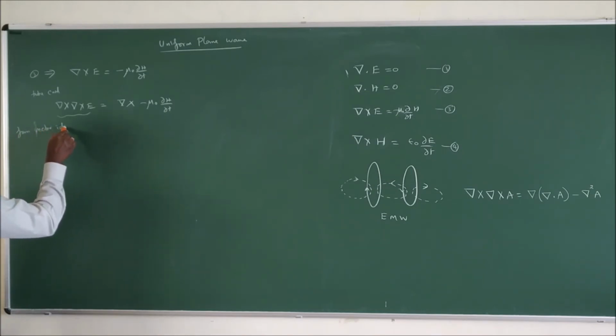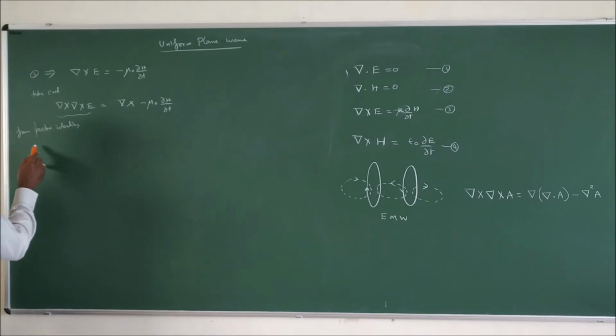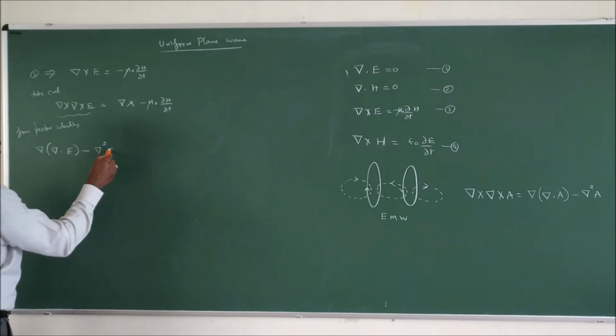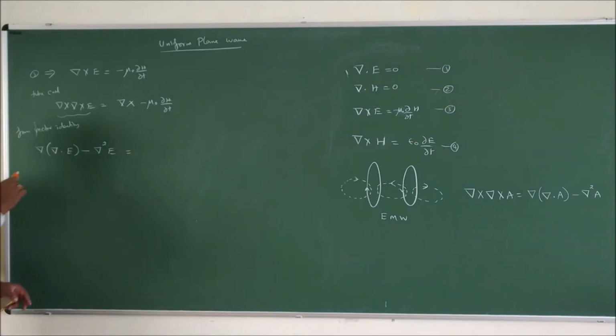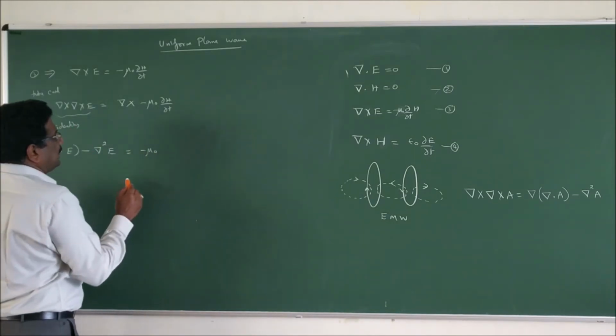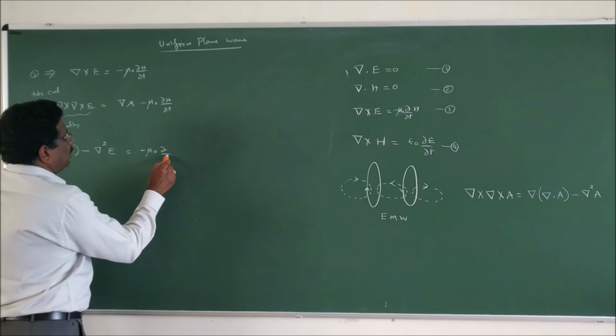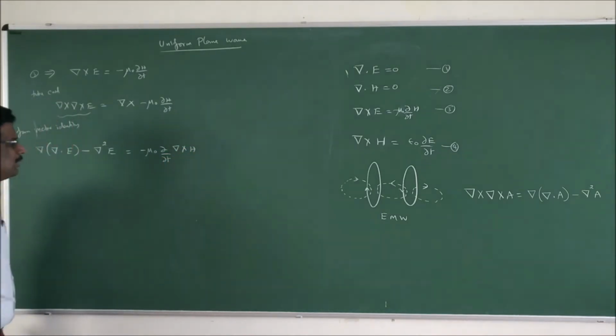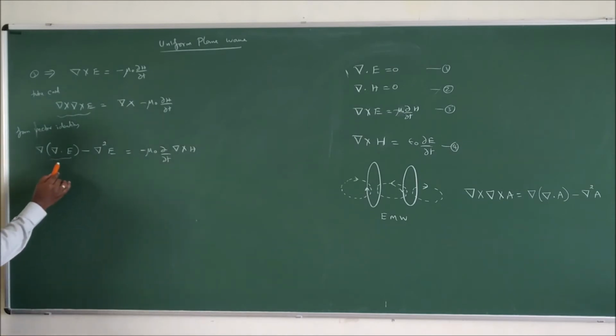I would like to bring del of del dot E minus del square E. This is the left hand side. The right hand side is very simple: minus mu naught, you take it common, dou by dou T is also outside, and the result will be del cross H. So this del dot E is equal to 0, which is from equation number 1. Am I right? From equation number 1, that is 0.